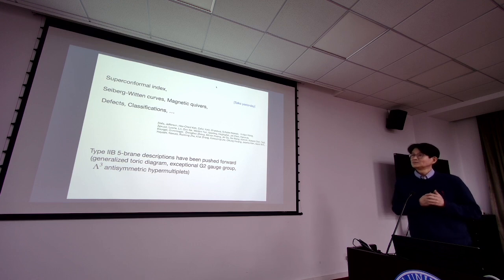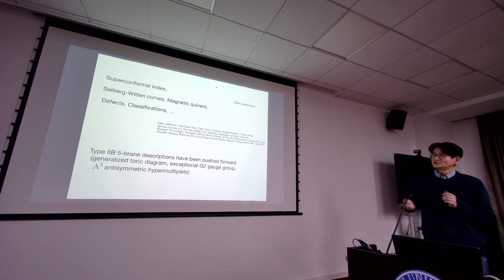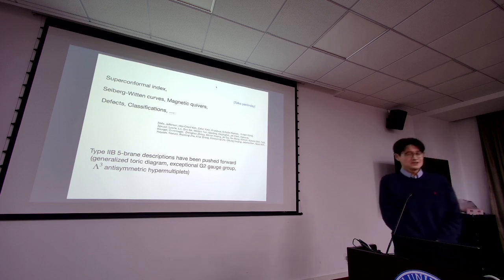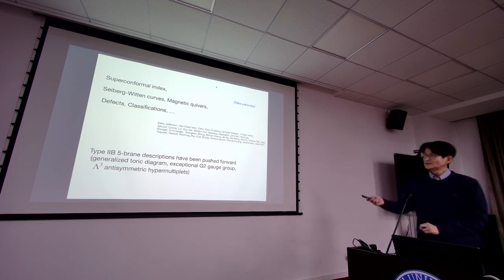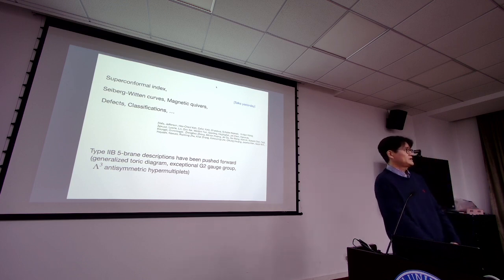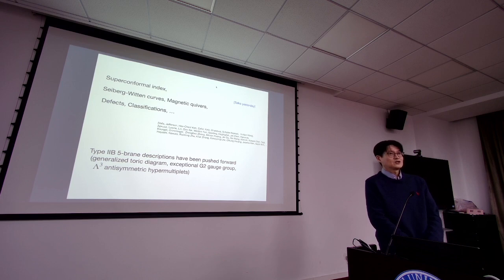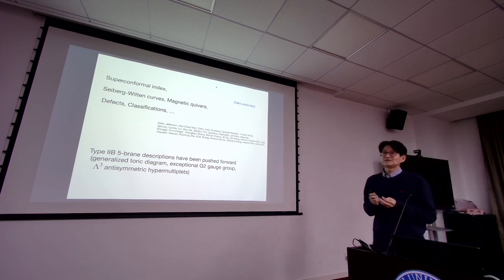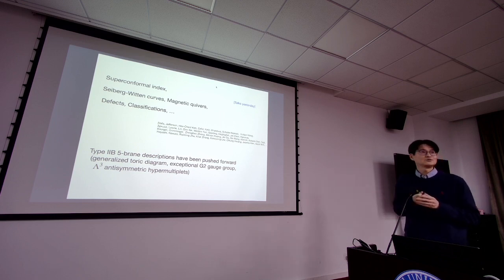On top of that, along the type IIB 5-brane web, there has been some progress. Usually when we talk about this brane configuration, we have an SU(N) gauge theory or Sp, SO gauge theories. But quite recently, we can extend it even to the exceptional gauge theory G2.